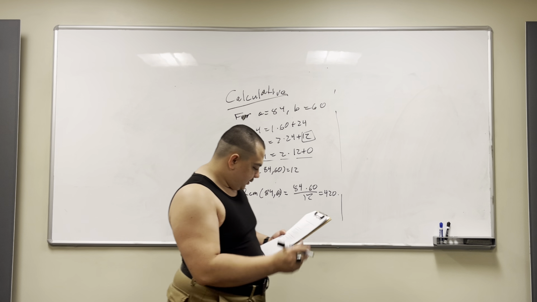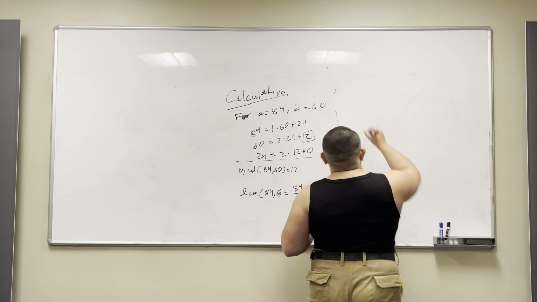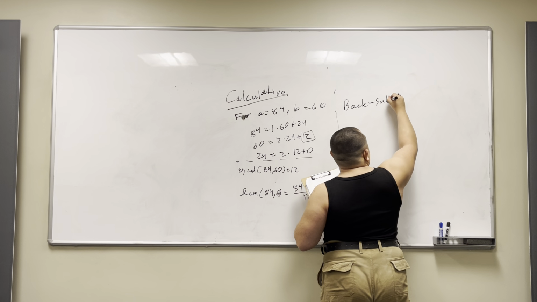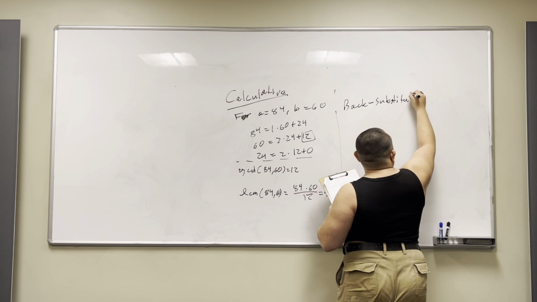But with back substitution, what you end up getting here is 12 is equal to 60 minus 2 times 24, which is equal to 60 minus 2 times (84 minus 60), which is equal to 3 times 60 minus 2 times 84.